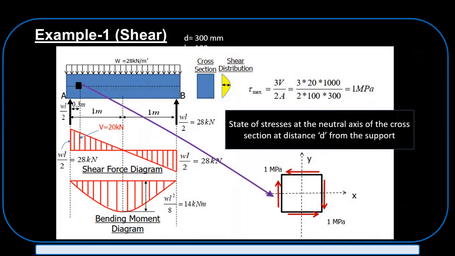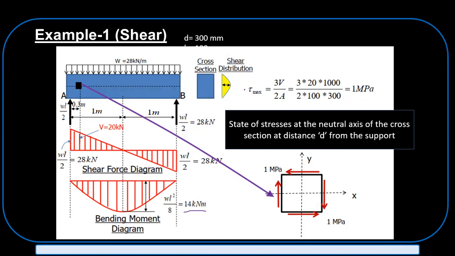So if you consider this, W is 28 and it is simply supported with reactions of 28, and L is 2. So the maximum bending moment is WL squared over 12, 40, right? For the maximum shear, you can take the average shear.